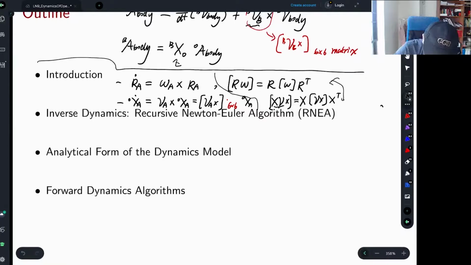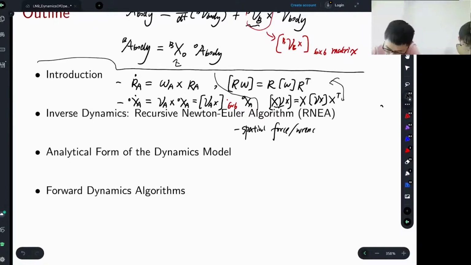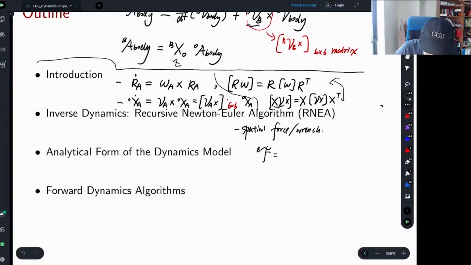Let's say spatial wrench, a spatial force. And we know a wrench consists of two parts, and you can represent it in different frames. The first part is the moment: if you pick a frame, it's a moment about the origin of that frame, and you represent it in the same frame. And it has a linear component, F_B.